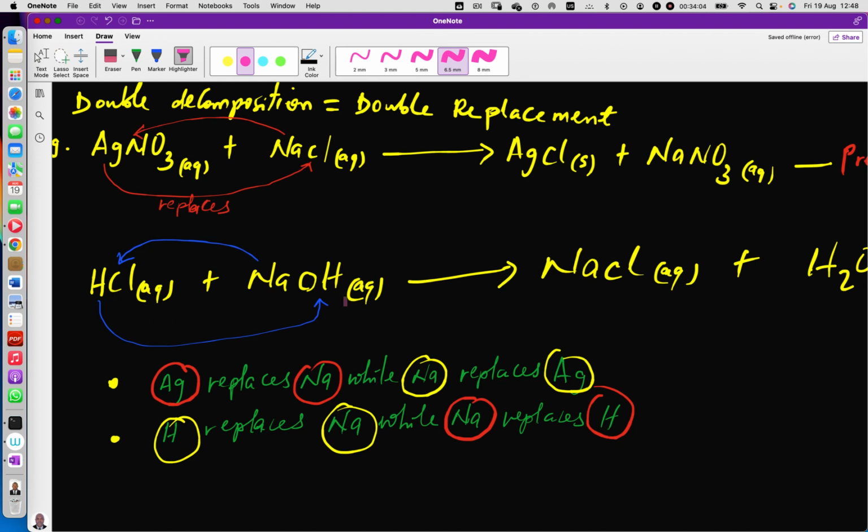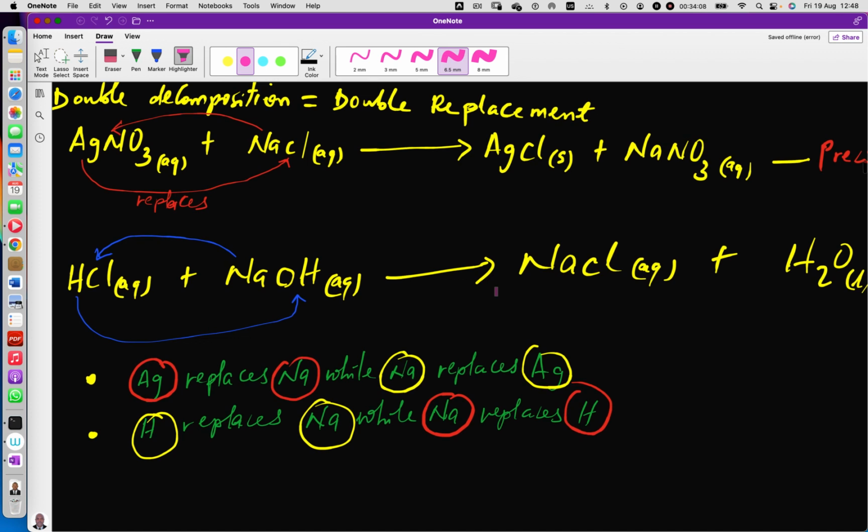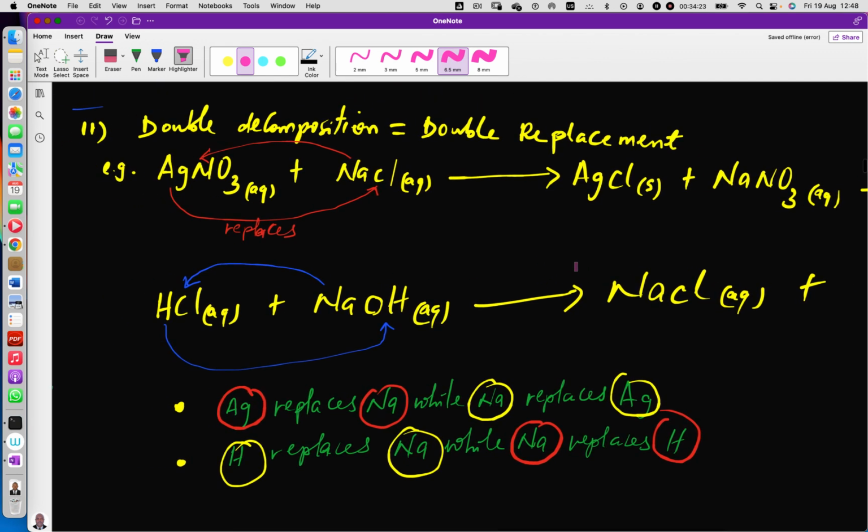Hydrogen is taking the place of sodium to form a molecule of water. And again, sodium is now replacing the hydrogen in the chloride to form sodium chloride. So this is what we call double replacement.